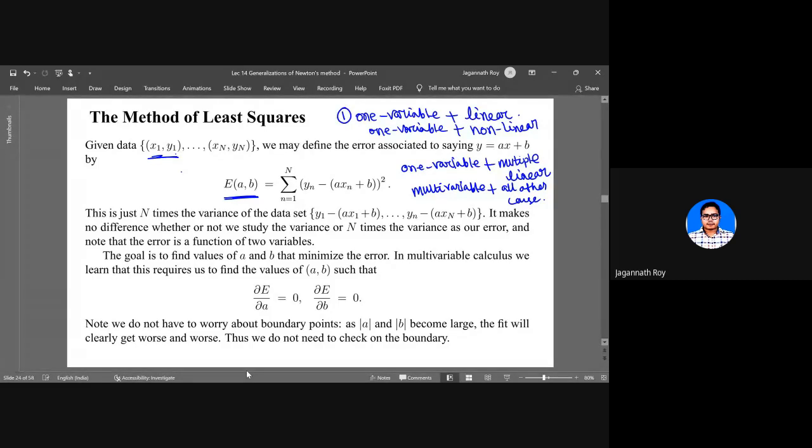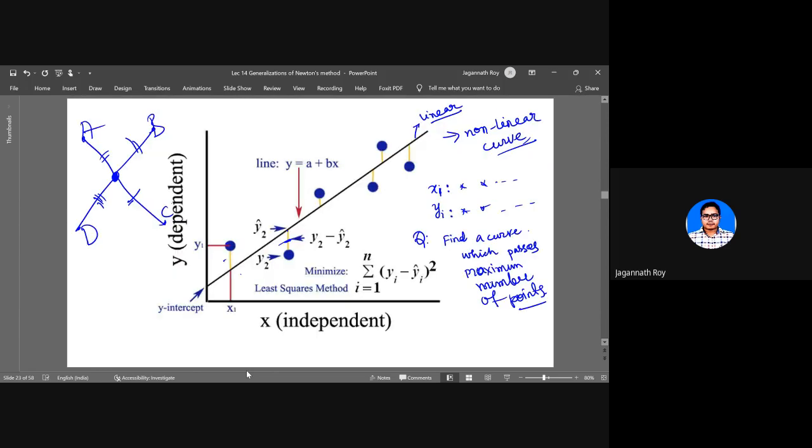The points x1 y1 are given, and then we define the error function of this form. These two are unknown parameters, because what is the straight line equation? A straight line equation can be ax plus b or bx plus a, right?